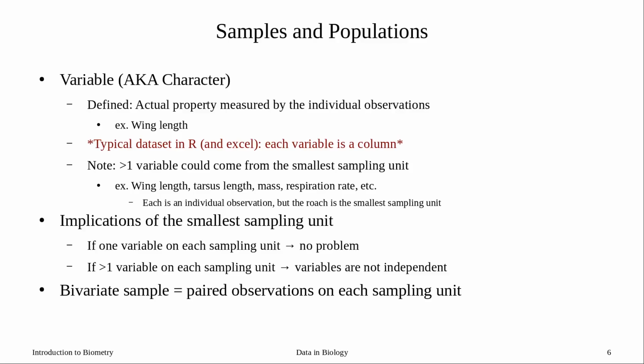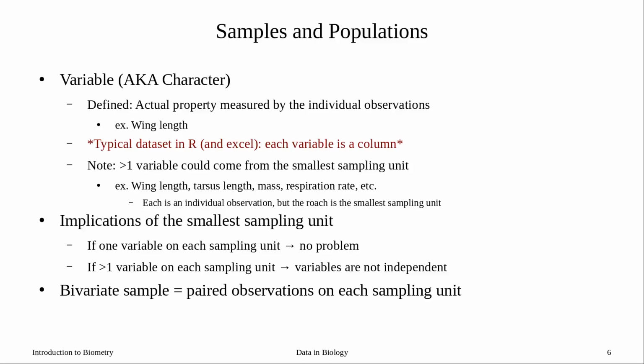So, if all we did was measure wing length on the roaches and analyze wing length, then there's no problem. Each wing length is independent of all other wing lengths because we've measured different individuals. But if we try to analyze both wing length and tarsus length, now we have two variables on that same sampling unit, and our variables are not independent.